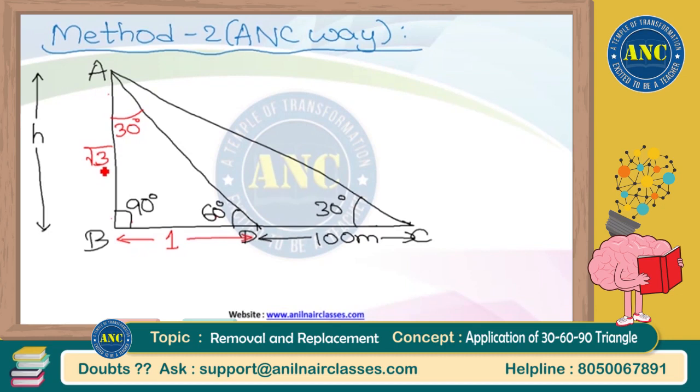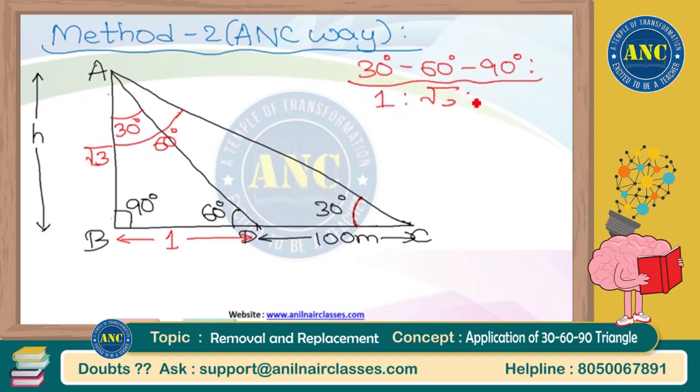Similarly, that is for the smaller triangle. If I take the bigger triangle ABC, 30 degrees opposite, it should be 1 unit. Now, if this is 30, this is 90, this entire angle should be 60 degrees, right? Now, for 30, 60, 90 degrees, the side ratio we know is 1 is to root 3 is to 2.